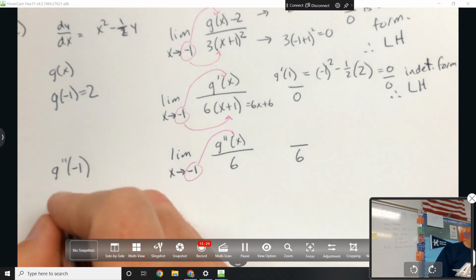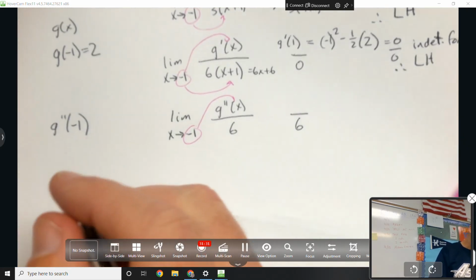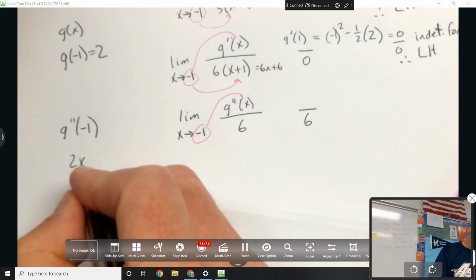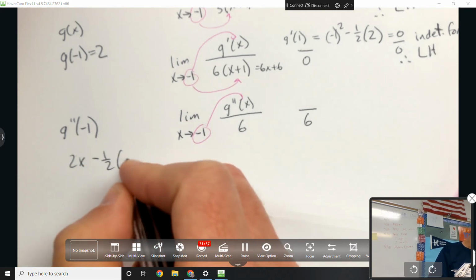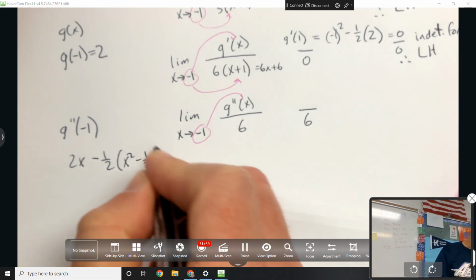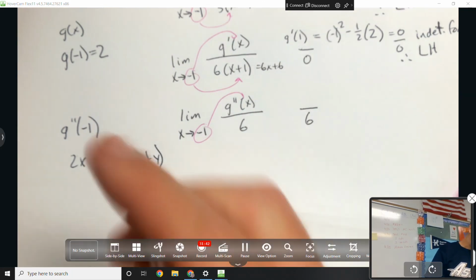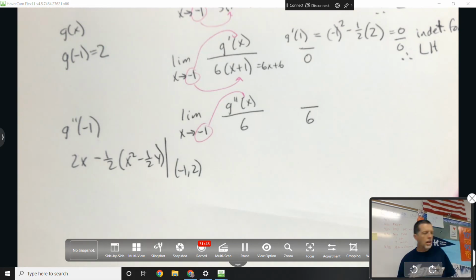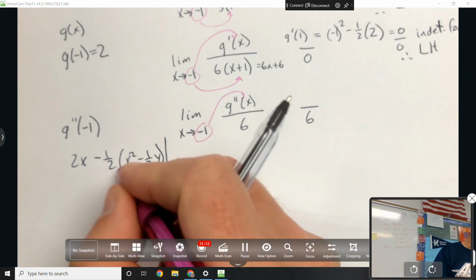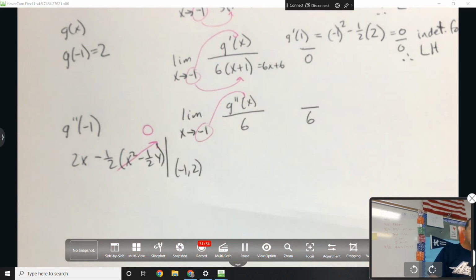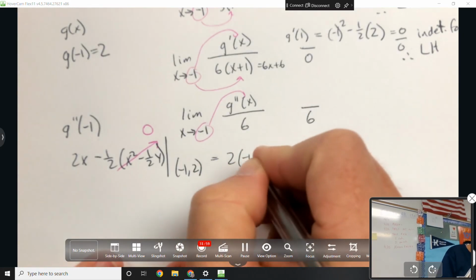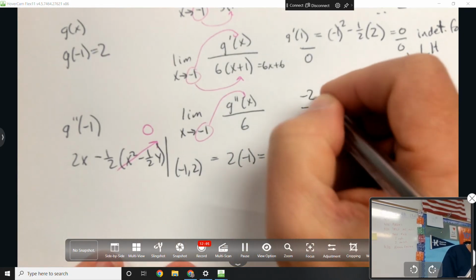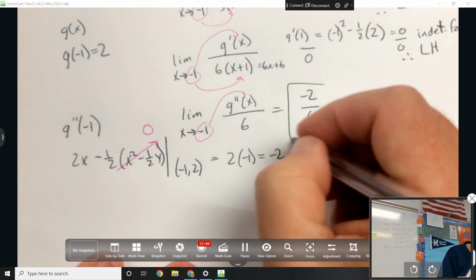So go way back up there. Second derivative was 2x minus 1/2 x squared minus 1/2 y, and we want to evaluate at negative 1, 2. This time I'm paying a little closer attention, and I realize that second part is 0 because that's the first derivative. So 2 times negative 1 is negative 2. So my answer is negative 2/6.